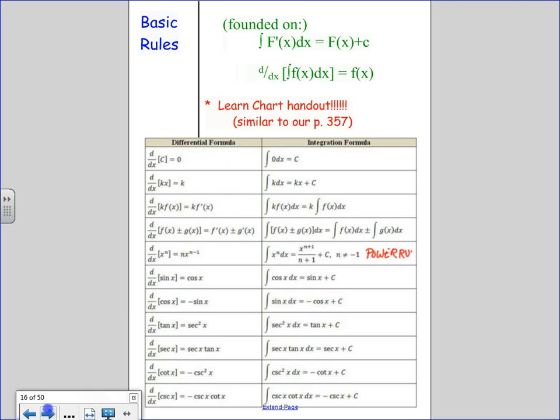Wait, that doesn't look like the power rule. It is the power rule, but backwards. Why? The power rule for derivatives says bring down the constant, subtract one. Integration says add one and divide by the constant that's going to come down when you derive. Plus C, of course.